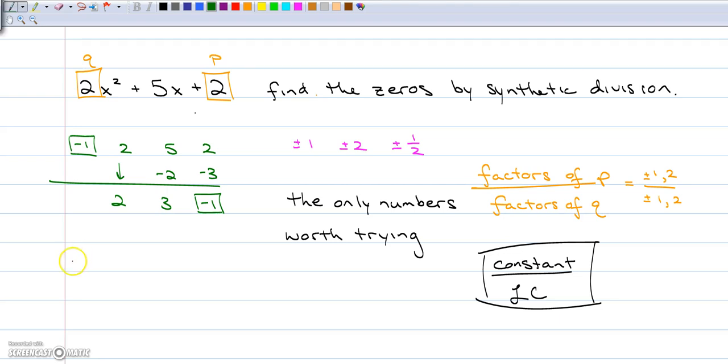How about -2? 2, 5, 2. So I try it. 2. That would be -4. 1. This would be -2. That one did work. And our remainder says that we now know that this is one of the zeros of the function.